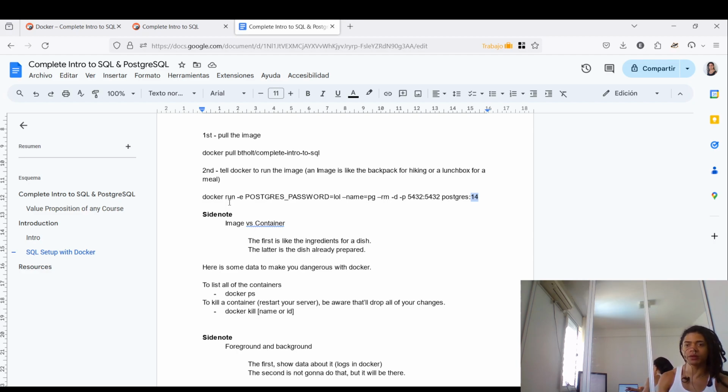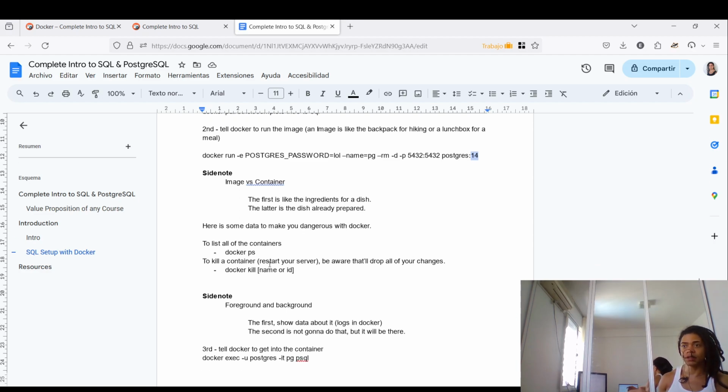In the case of a restaurant, the image is the ingredients for your recipe. You already have that, and the container is your dish already made, your dish ready. It's the dish already prepared.